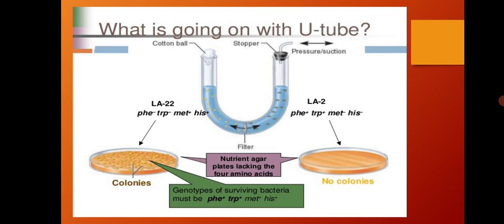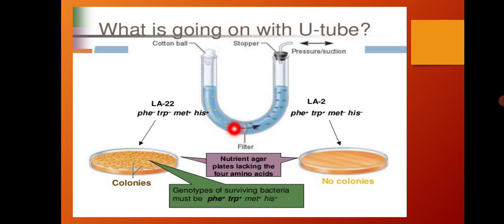So this was the preparation of the U-tube, and here a stopper is fixed where pressure and suction is applied. When pressure is applied, there is movement of materials back and forth, whatever content is present inside the tube.